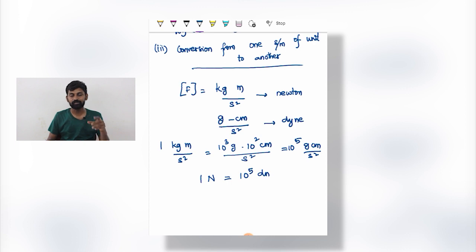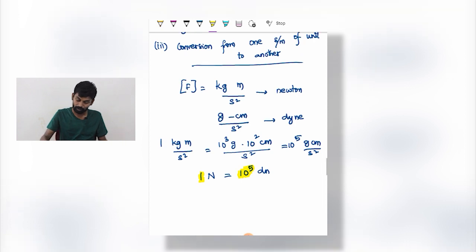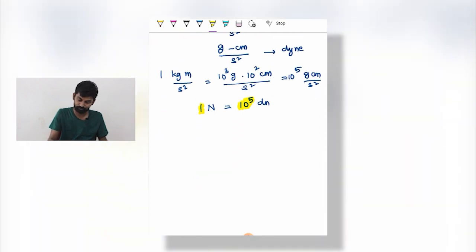Now, if you look at this, the Newton is a bigger unit when compared to dyne. So, if you look at these two, see the magnitude in front of the unit. In the LHS you have the SI unit, so it is 1. In the RHS you have it in terms of dyne, and you have 10 power 5. The bigger the unit, the smaller is the magnitude in front of it. So, the numerical value is inversely proportional to the unit.